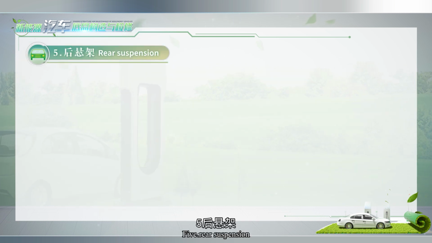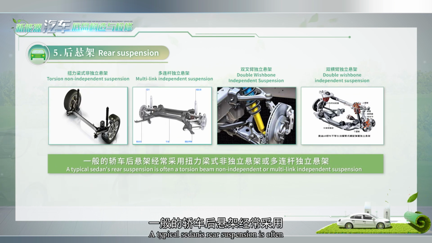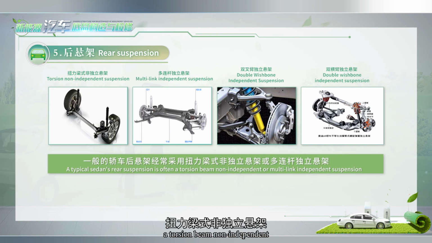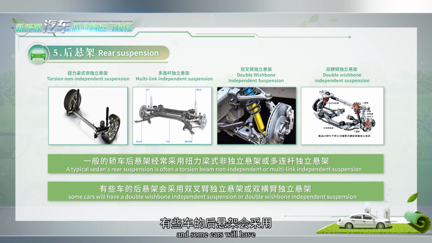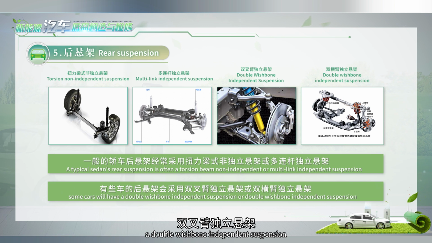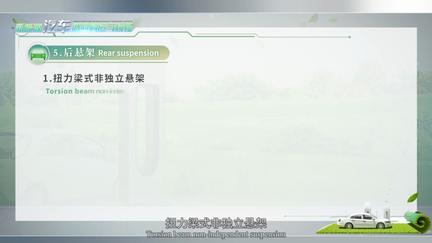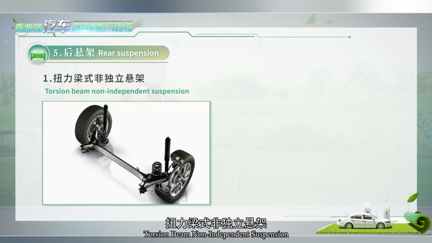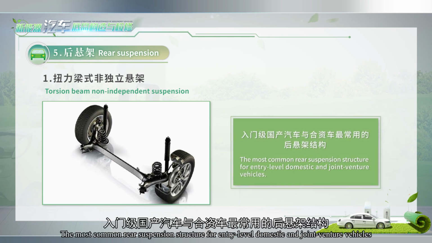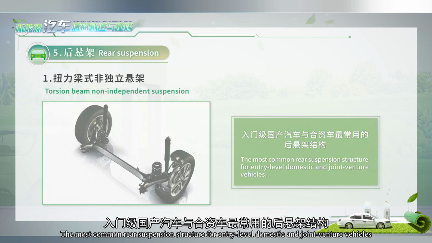5. Rear suspension. A typical sedan's rear suspension is often a torsion beam non-independent or multi-link independent suspension, and some cars will have a double wishbone independent suspension. Torsion beam non-independent suspension is the most common rear suspension structure for entry-level domestic and joint venture vehicles.